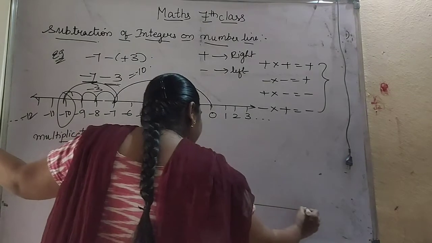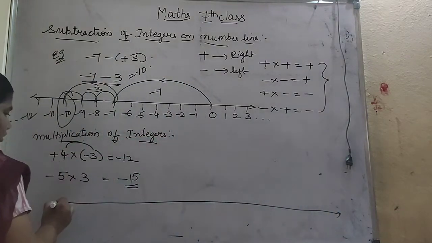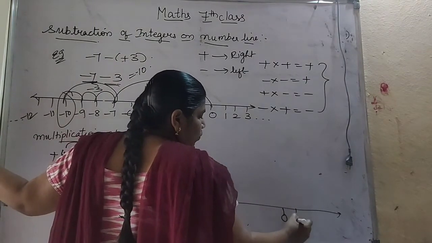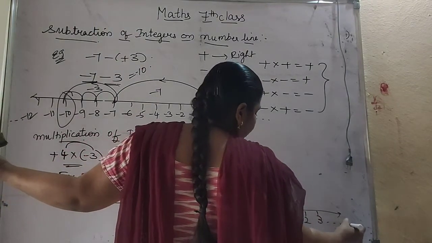So I am taking a number line. The first one I am showing. So 0, 1, 2, 3, 4 and so on.